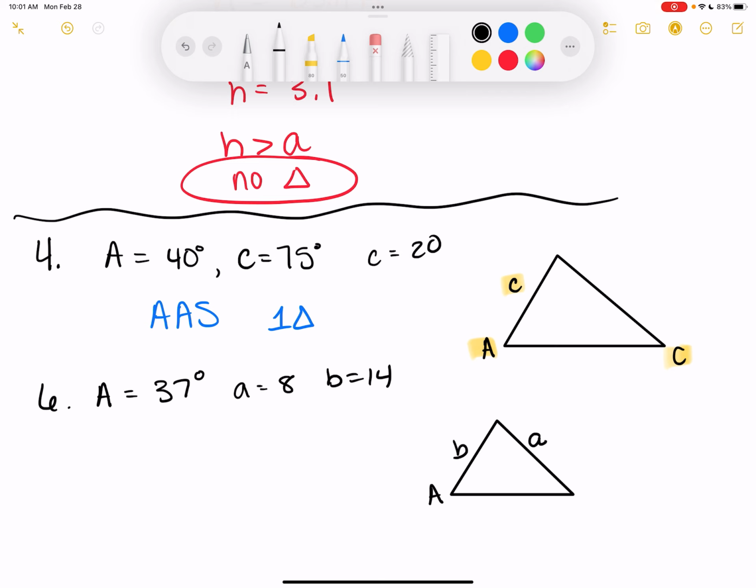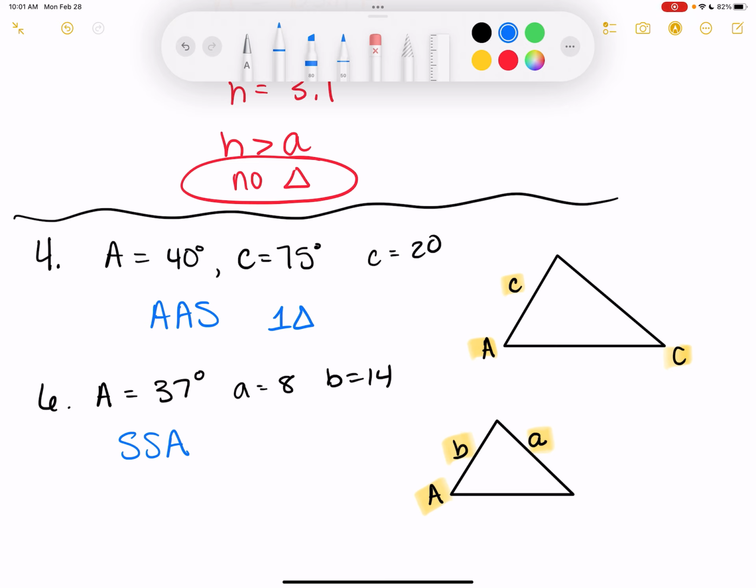I'm just going to put it right there. So I have side, side, angle. It's side, side, angle, so I can have multiple options here.